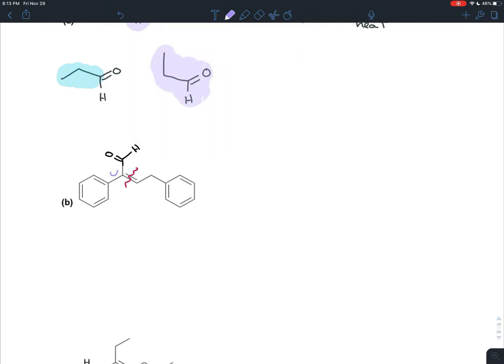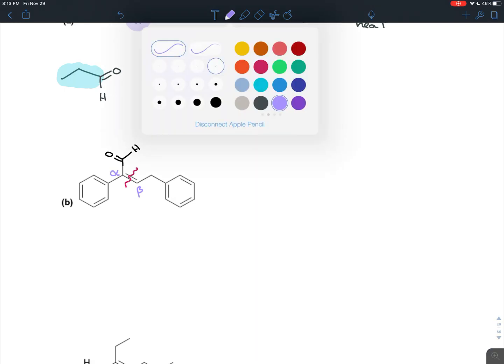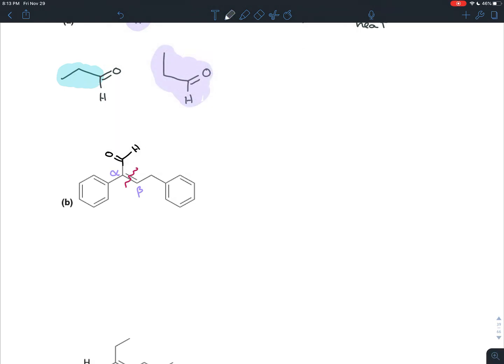Remember, the carbon next to the carbonyl carbon is the alpha carbon, the next one down is the beta carbon. So draw a little bond on that side, and then copy the 2 molecules on each side of that squiggly bond. So you have this benzene ring with 2 carbons, and then the aldehyde.